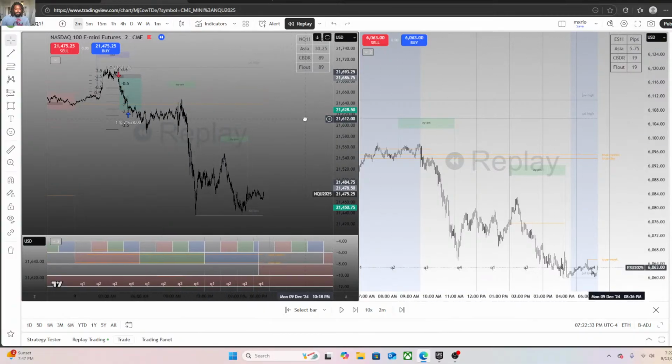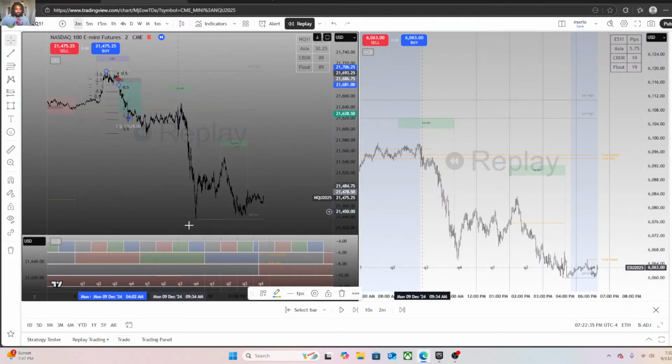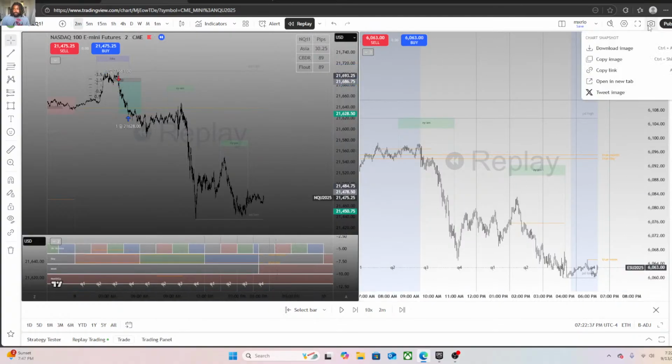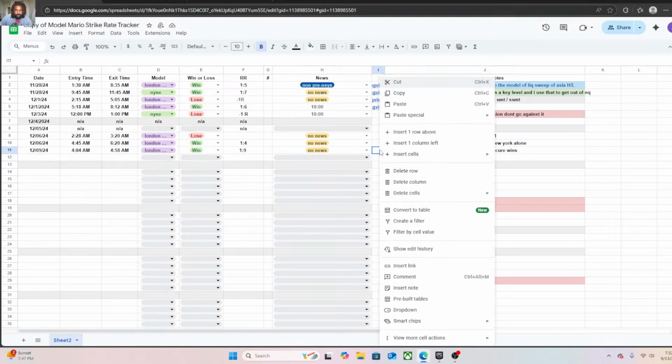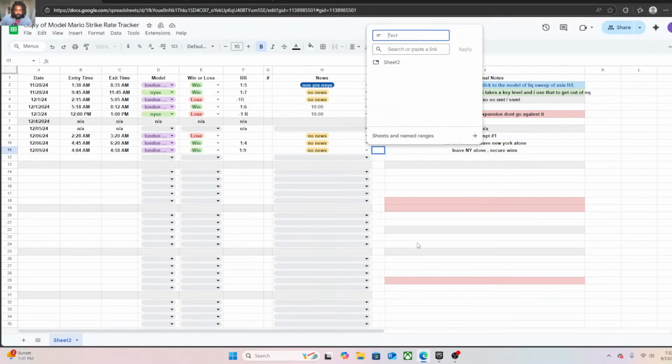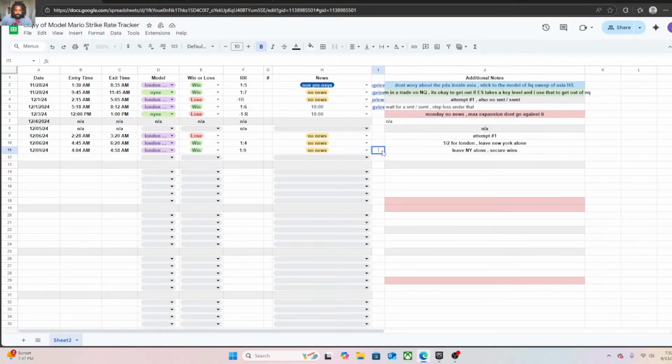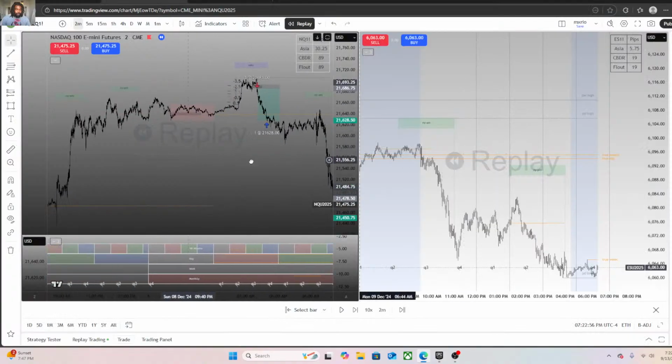So you come here. Take a picture, copy link. Damn, I didn't take a picture of none of these trades. I forgot to take a picture of these. Oh, I can go back and do it, I believe.